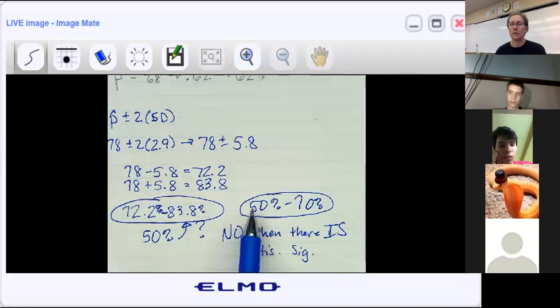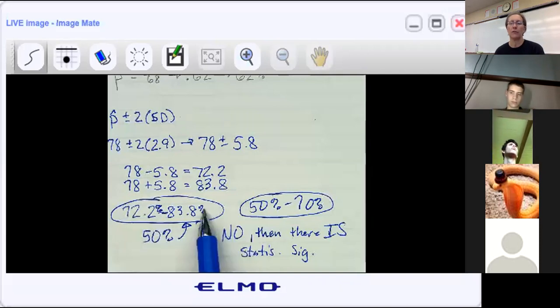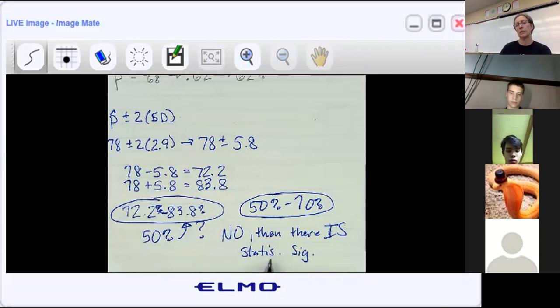No. You can see here the biggest number, 70%. There's nothing higher than that. The smallest number here is 72%. So they do not overlap, right? There's no numbers in this interval that fall within this interval. And because of that, they do not overlap. So again, you would say no, there's no overlap, and therefore there is statistical significance in your differences, right?